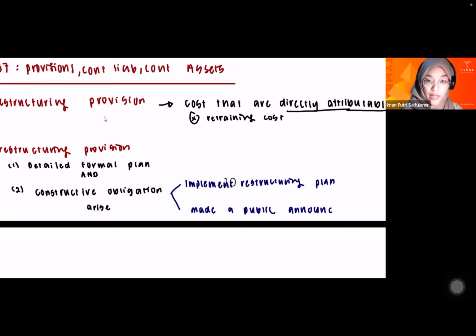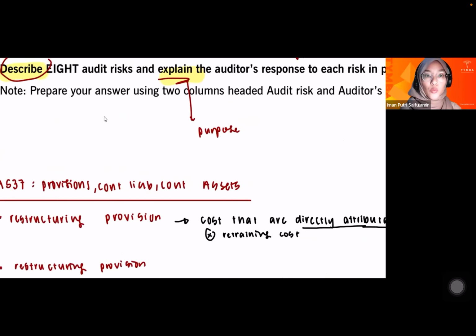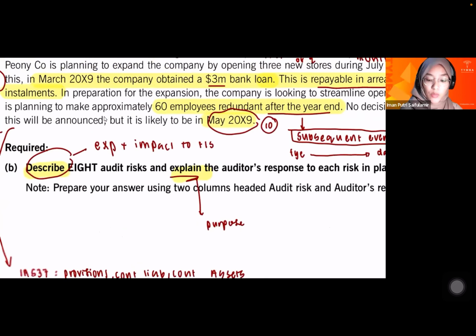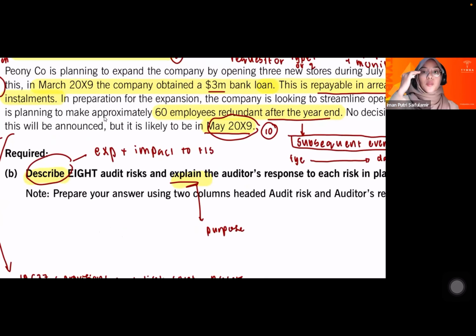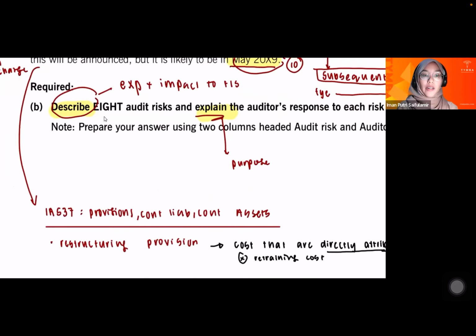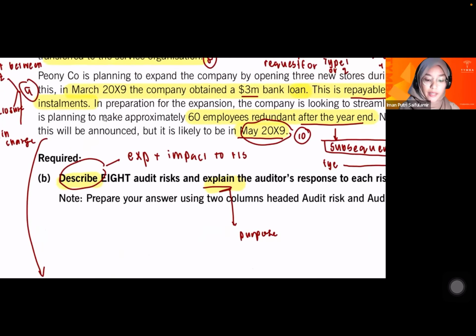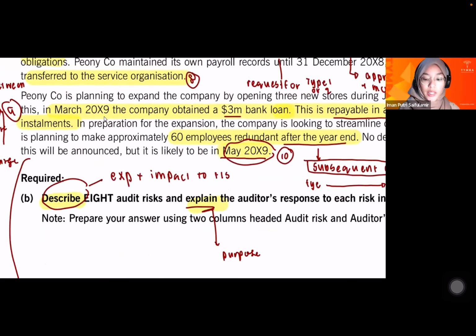That's why I said just now, from this scenario, we want to look into when they are actually making the announcement. In this case, the announcement was made in May 2009. So they have met the criteria of having a detailed formal plan, because they have already planned to make 60 employees redundant after the year end.